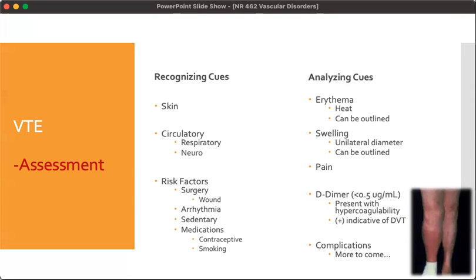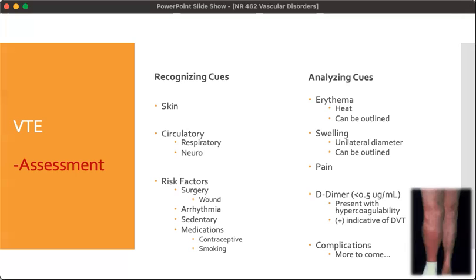D-dimer is an enzyme that is present when patients are hypercoagulable, so meaning they're more likely to produce a blood clot. Reason a patient might do that is if they've already got a blood clot. One clot leads to another clot, so on and so forth. So D-dimers aren't proof of DVT, but there's a strong correlation with a positive D-dimer and a DVT.